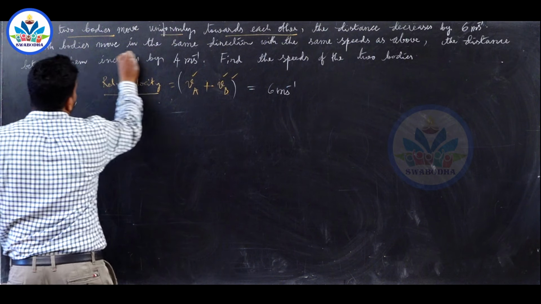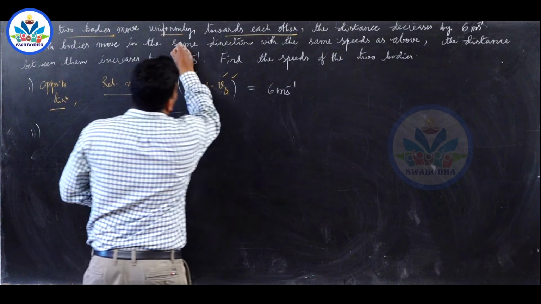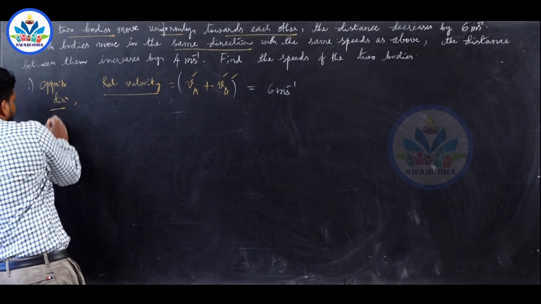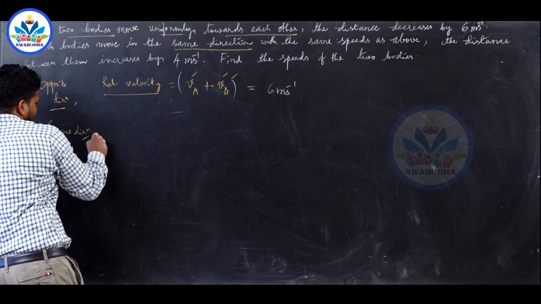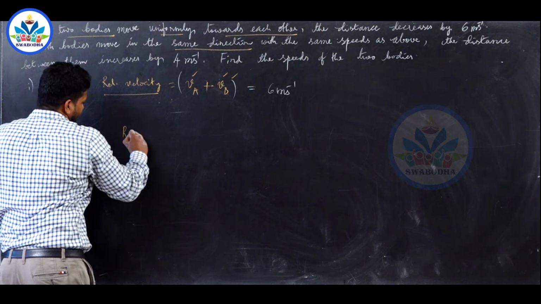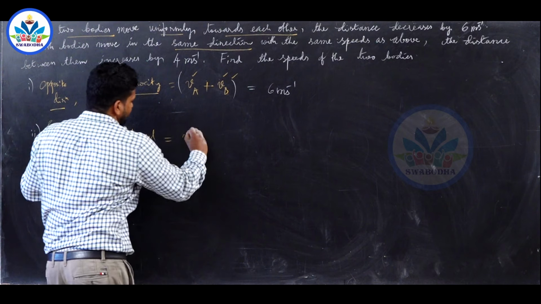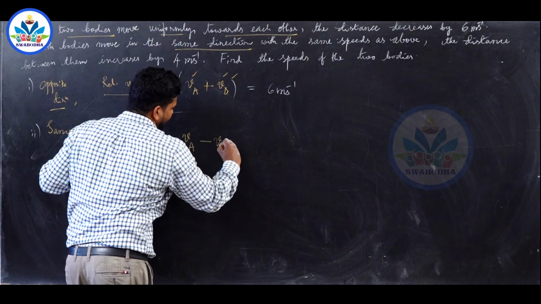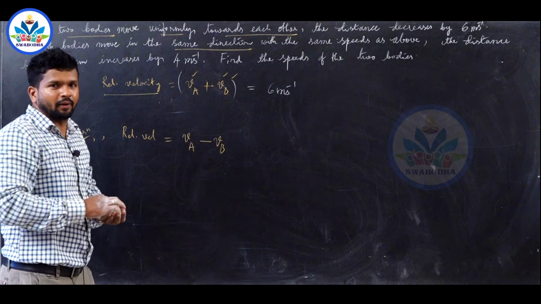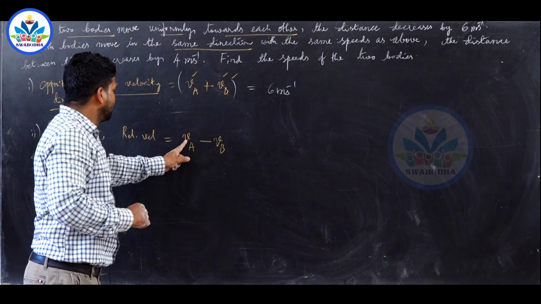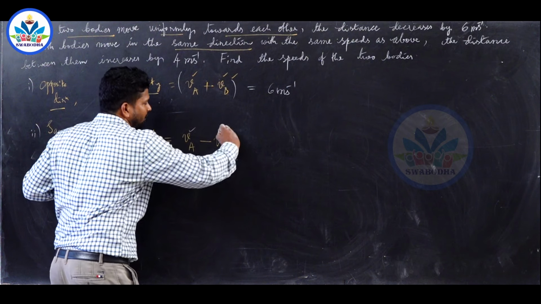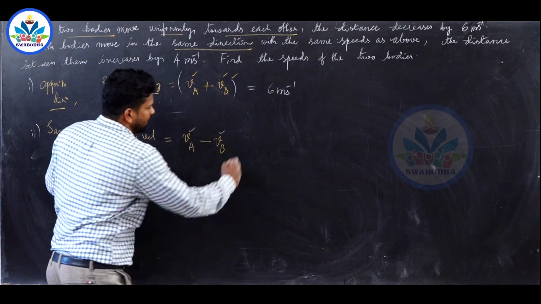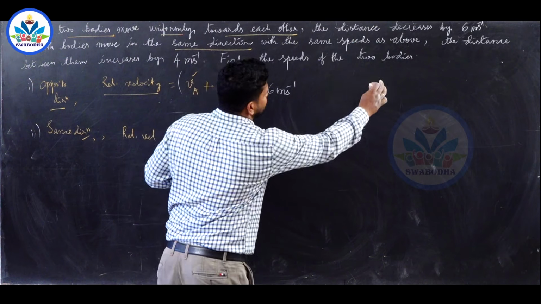Second case, if both the bodies move in the same direction, we all know relative velocity equals VA minus VB, which is equal to, given how much?